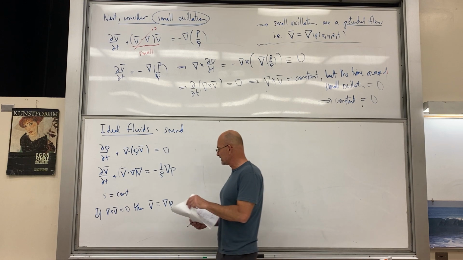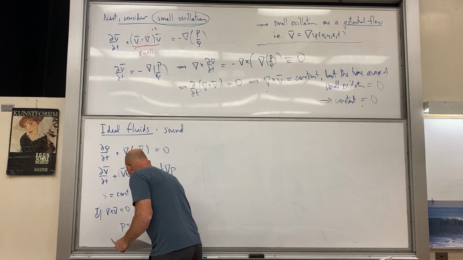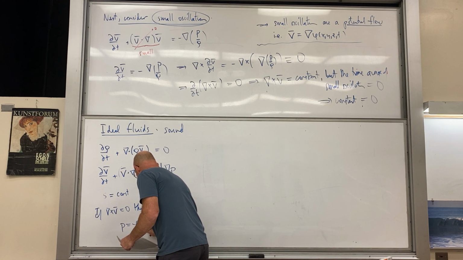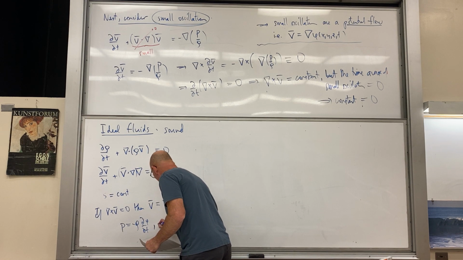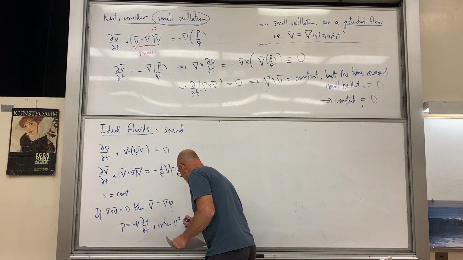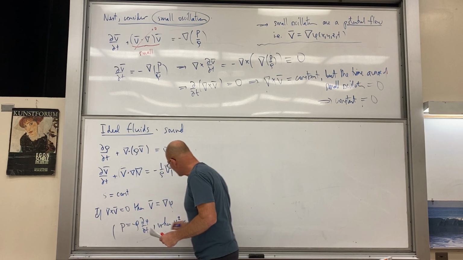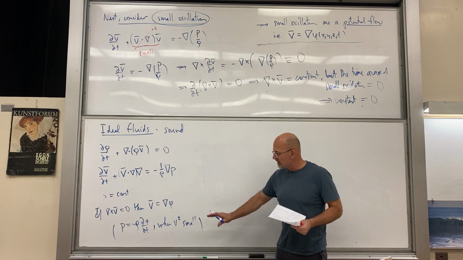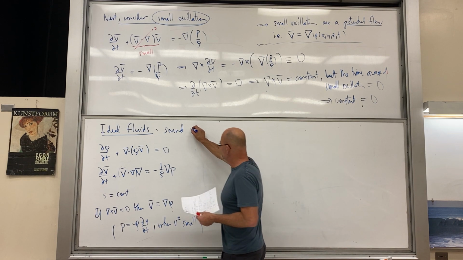I'll even put this here: p equals minus rho d phi/dt, when v squared is small. I put that here in parentheses because we're going to make use of it. We could have also put the entire relation there that we had up on the board a minute ago.